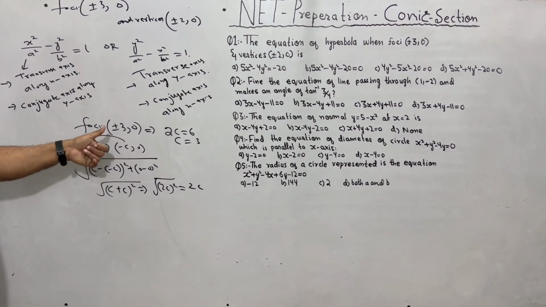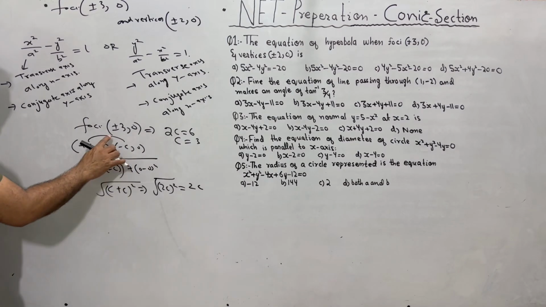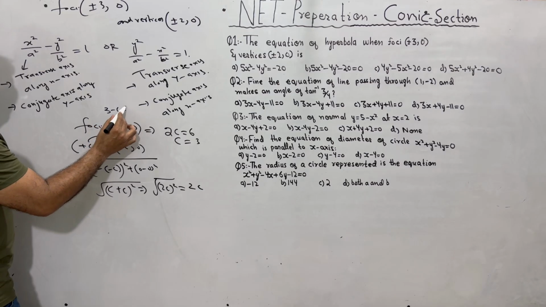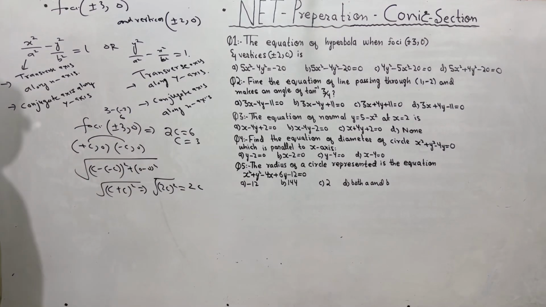In that case, if we apply the distance between plus 3, 0 and negative 3, 0, we get 3 minus minus 3, which becomes 6. So c is 3 in that case.